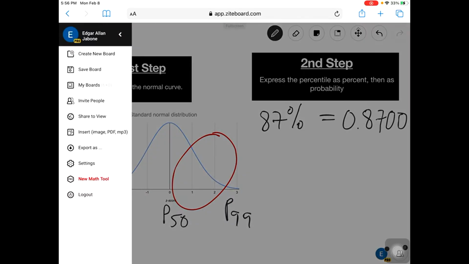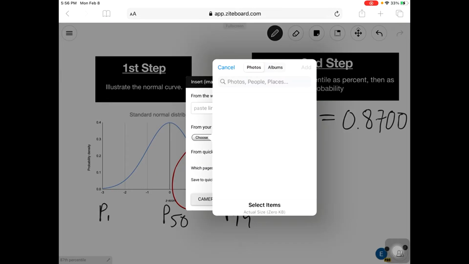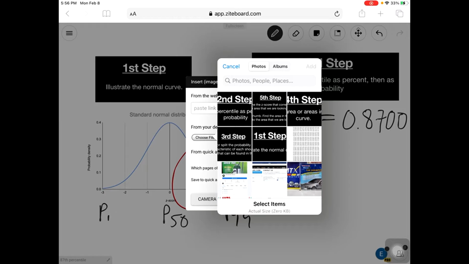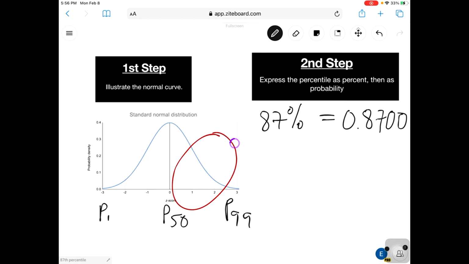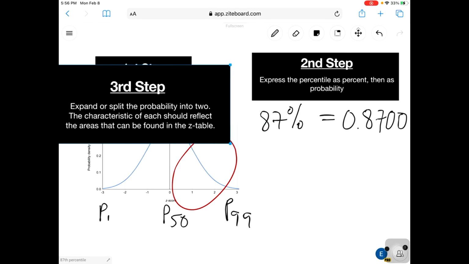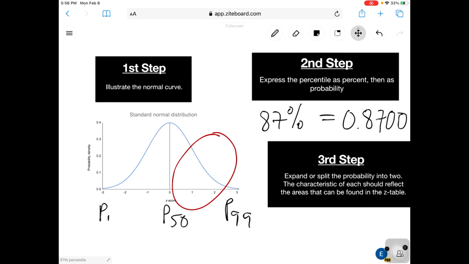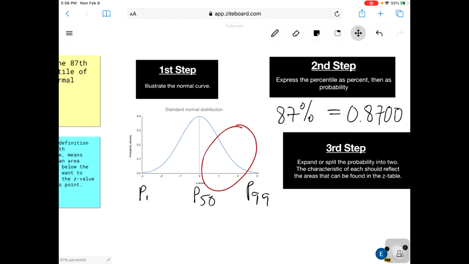Then the next step is for us to expand or split the probability into two. But we have to take note that the characteristics of each should reflect the areas that can be found in the z table.